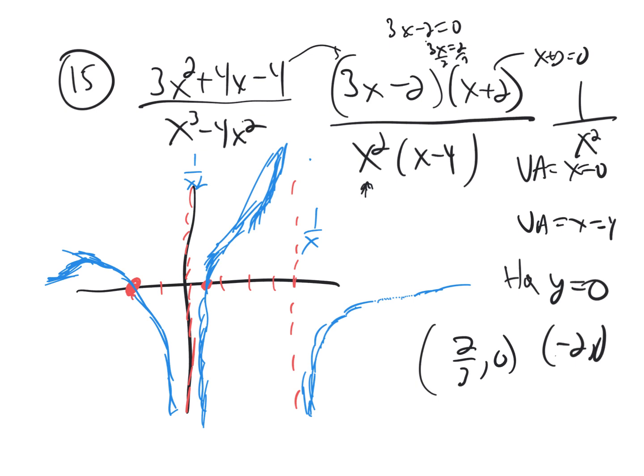So let me go to a different ink so I don't lose the other one here. Let's use green. So what if I said it's going to act like this? And because at x equals 0, it's got to act like 1 over x squared, it's got to come down like this.